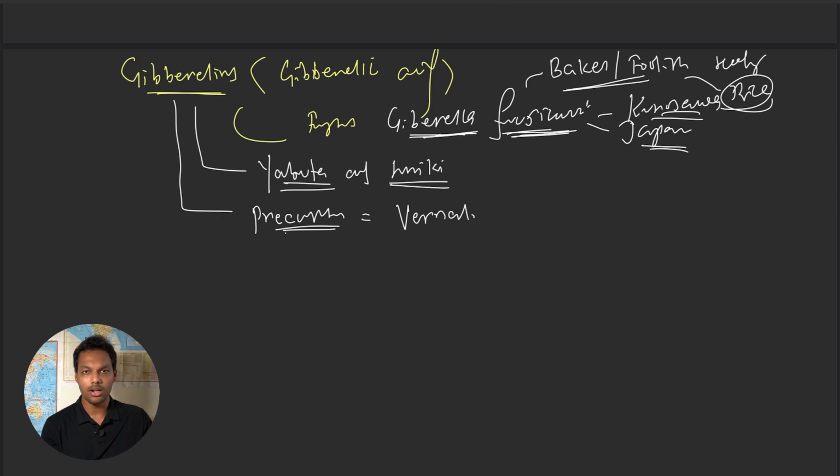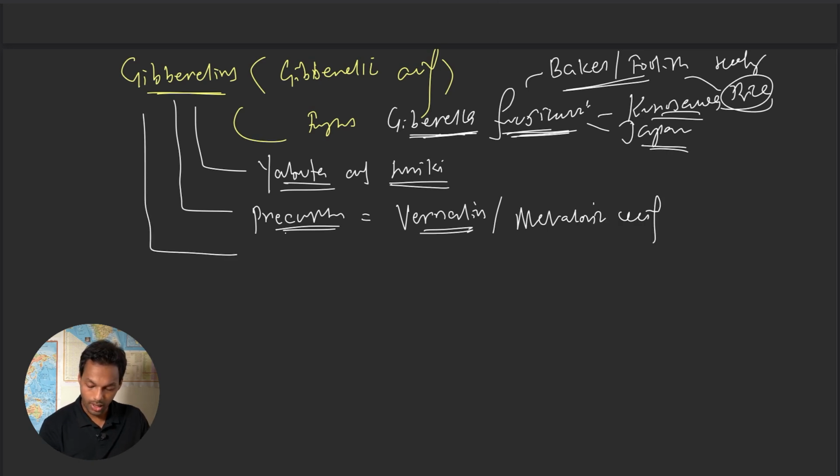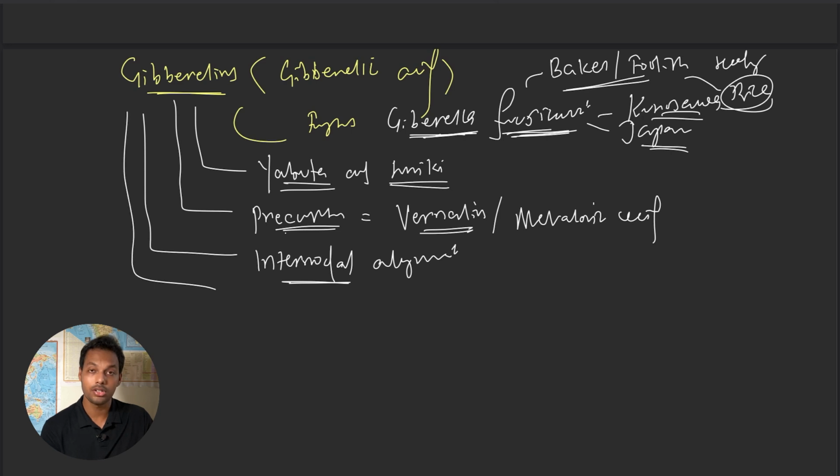Gibberellin's general role is internodal elongation. It is helpful in internodal elongation, and it is generally helpful in seed germination and development. It has an immense role in seed germination. How?